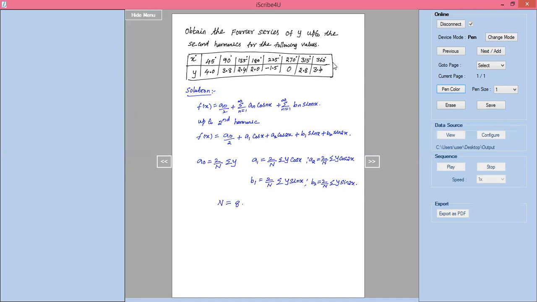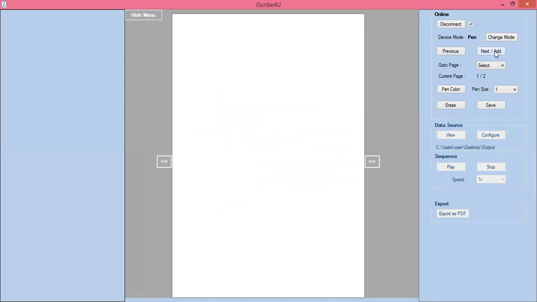Now I have to prepare the table and simplify. Here, first I have to find y cos x. Similarly y cos 2x, y sin x and y sin 2x. How do you find here? I'll take the next sheet, so I will prepare the table. First one should be x. These are the values of x.